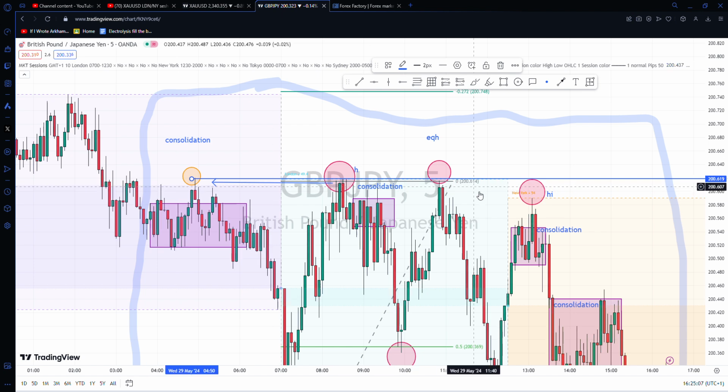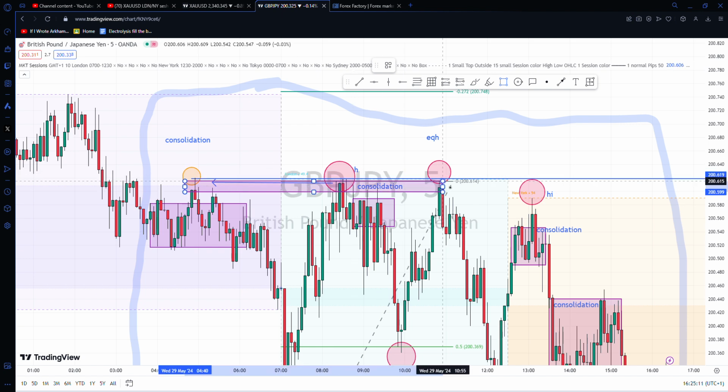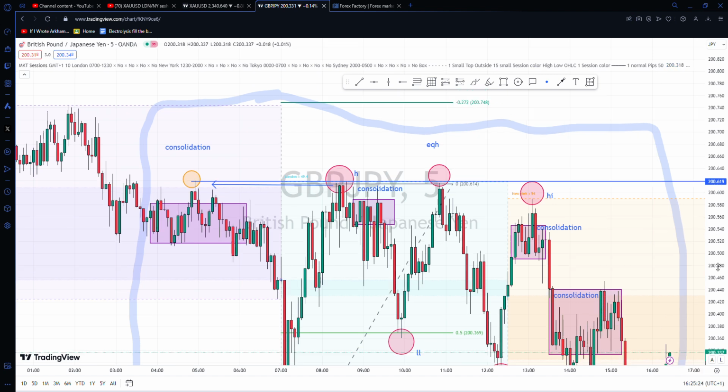So it's actually 3. If I do a box, it's becoming quite cluttered now, the chart. But ultimately, that's like a little resistance zone. Delete that.